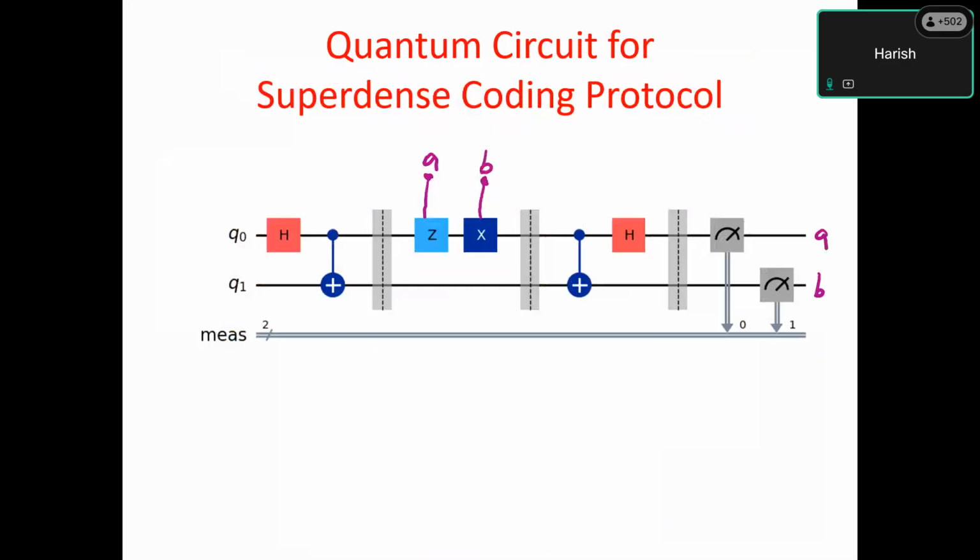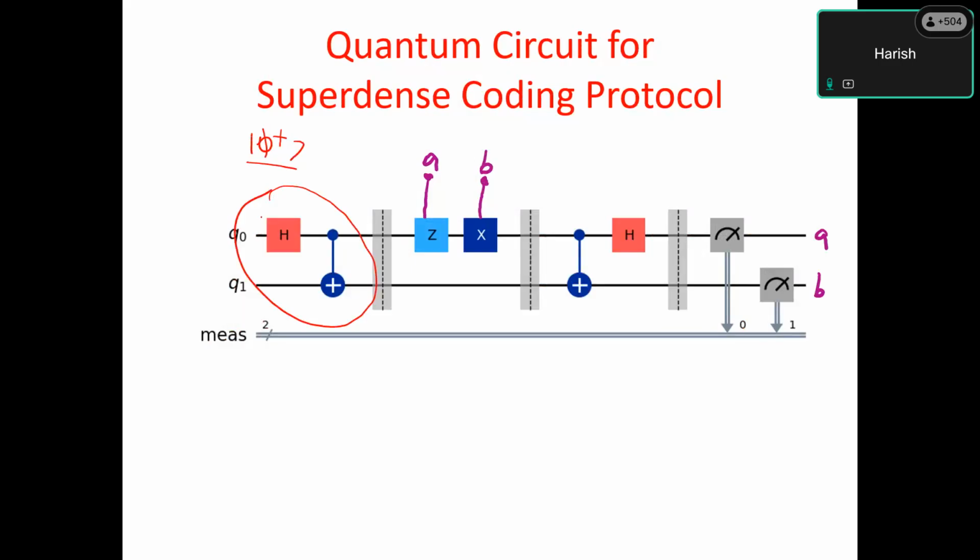So if you want to implement the exact quantum circuit, the Qiskit quantum circuit will look like this. So what is this first part? The first part is creating the entangled qubit pair, phi plus. So this will create a phi plus state here.